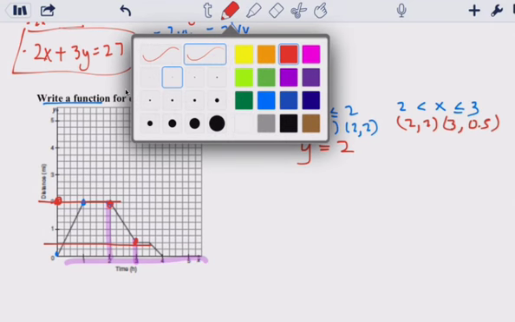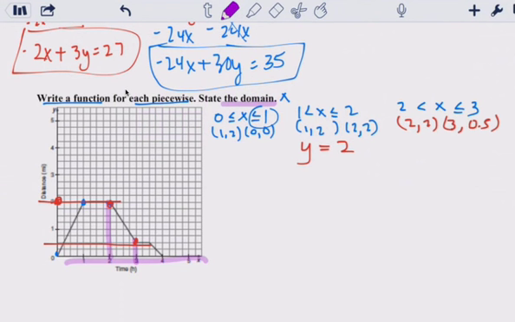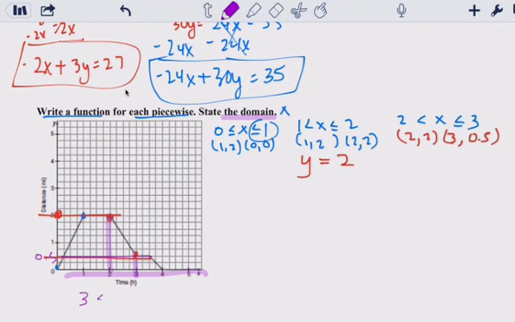So the next one here is this line, that's 0.5. So from 3 to 3.5 is just y equals to 0.5.